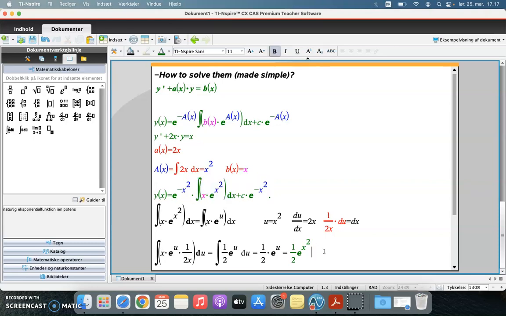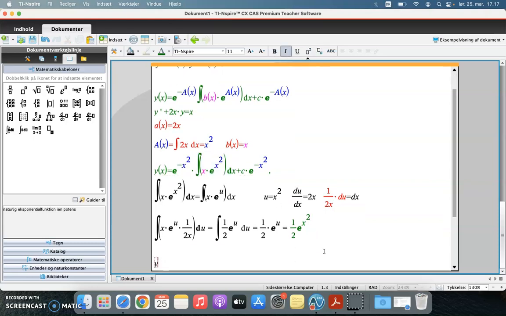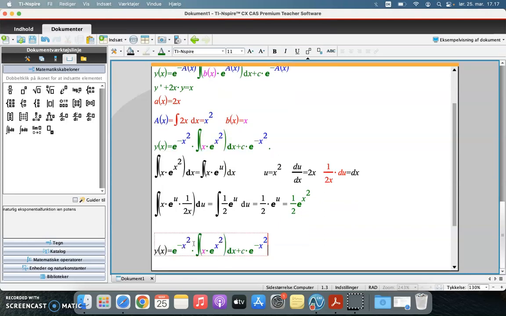So now we replace them. Given y(x) equals all this, but this time we replace this part with 1 over 2 multiplied by e to the power of x squared.